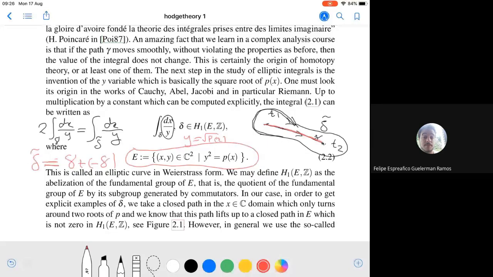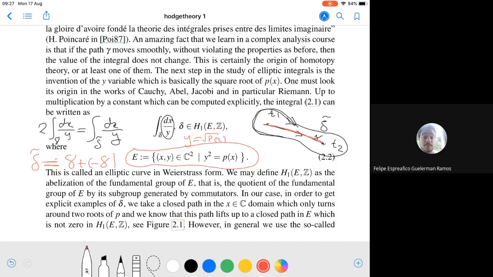Anyway, if at the end of the lecture somebody wants more detail, I will take questions. So we have already the next step of understanding our integral.